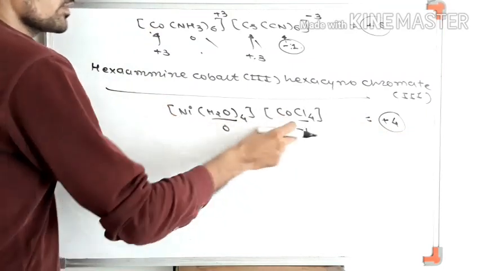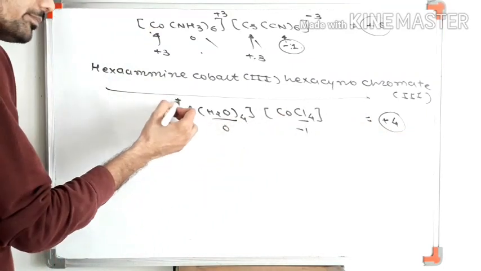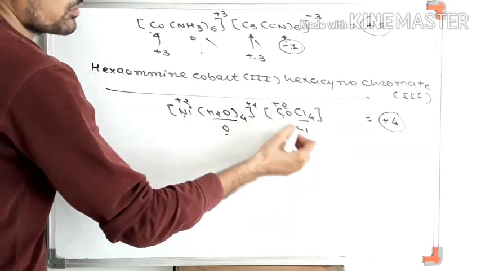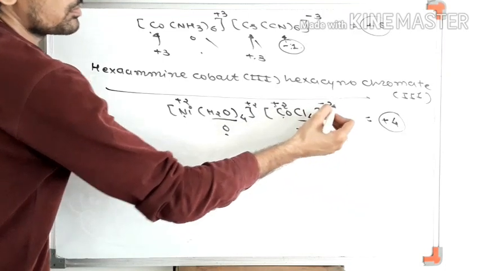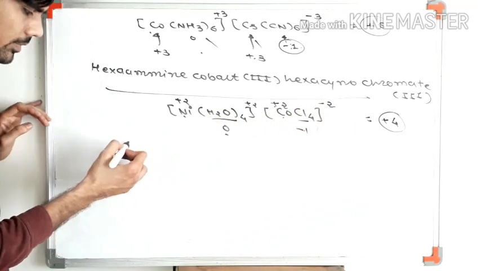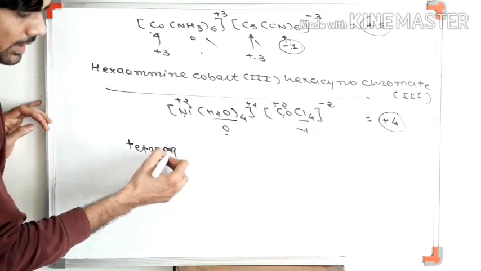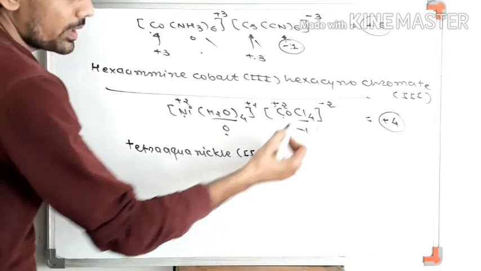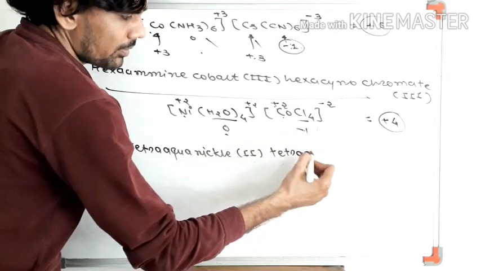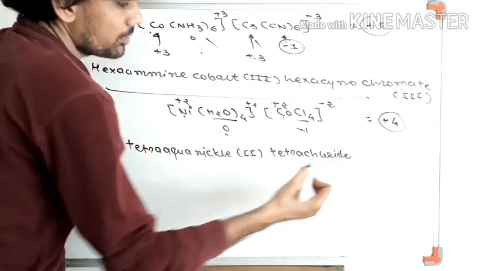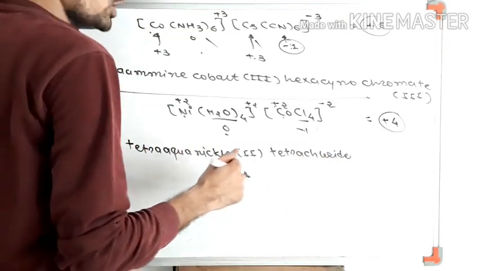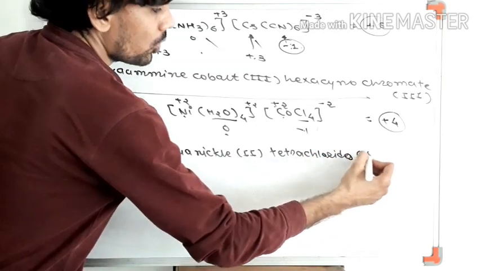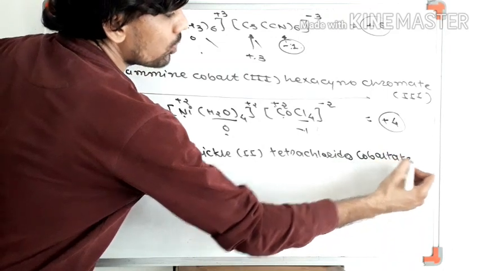You have to divide equally: +2 and +2. Then +2 and 0 for the nickel part, and +2 and -1 4 times, -4, giving -2 for the cobalt part. The name should be tetraaquanickel(II) tetrachlorocobaltate(II).